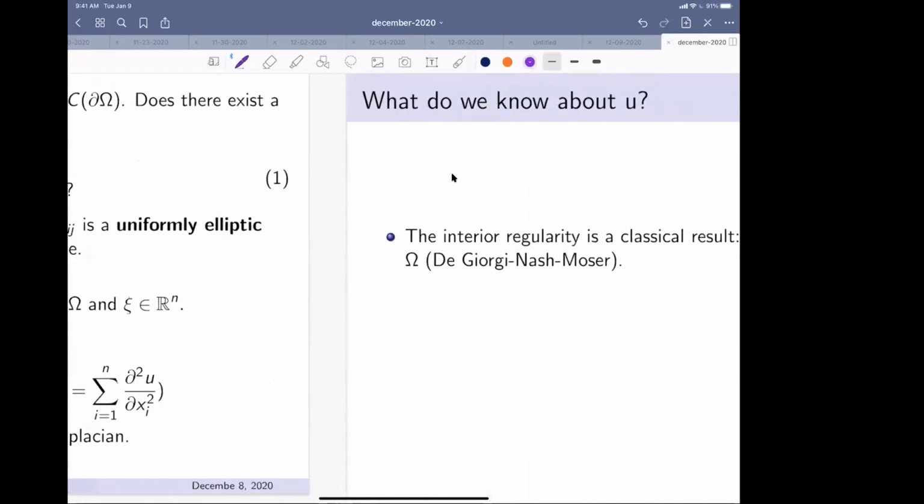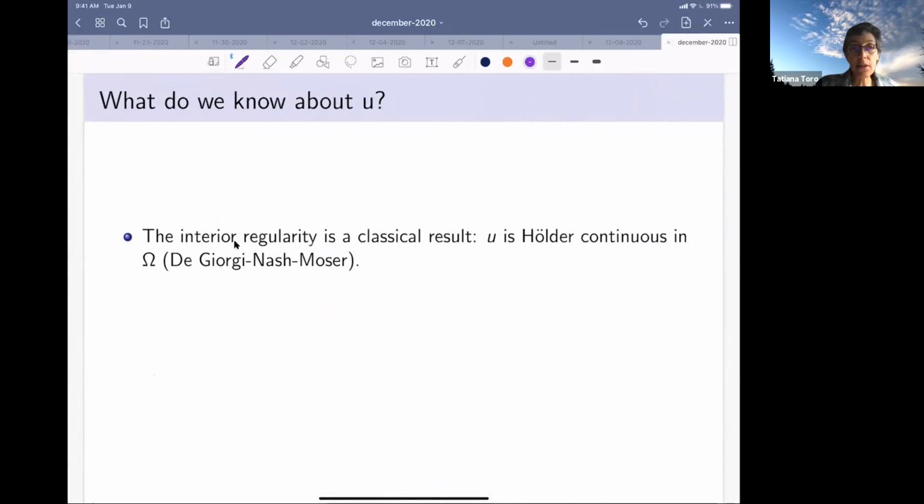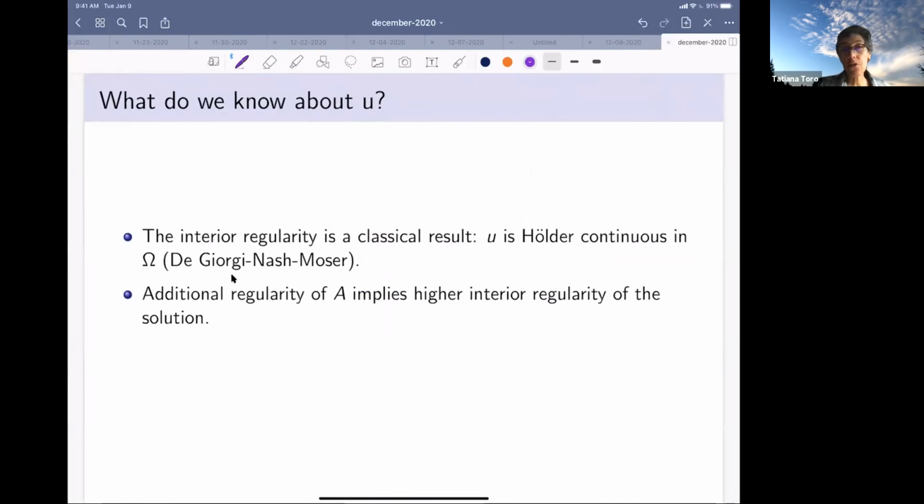Okay, so what do we know? So the classical thing is we know interior regularity. U is Holder continuous in omega. That's the De Giorgi-Nash-Moser theorem. The nicer A is, the nicer the solutions are. So if A is smooth, the solutions are smooth, and there's in-betweens. So therefore, we're asking a boundary regularity question. I mean, we're going to focus at the boundary.